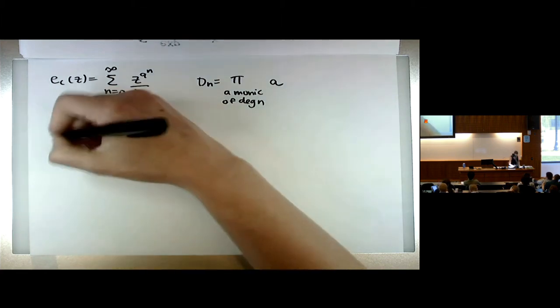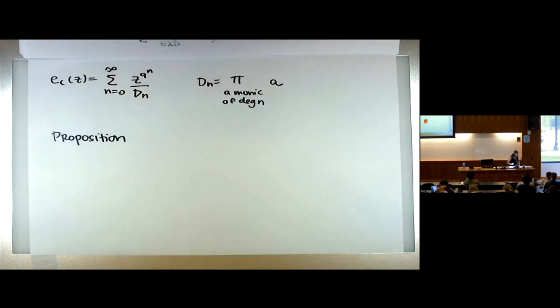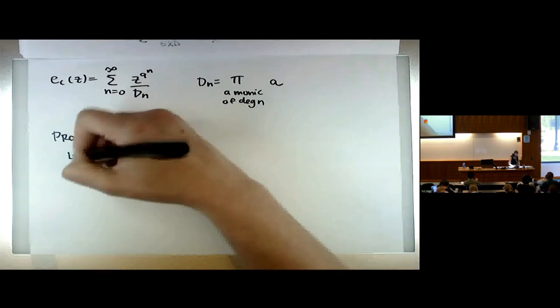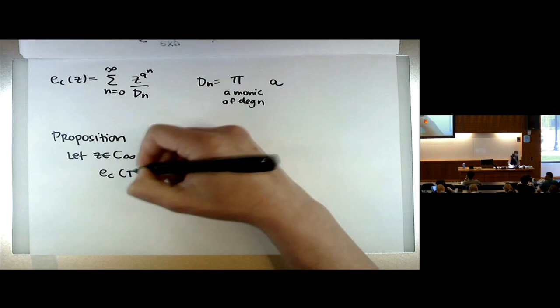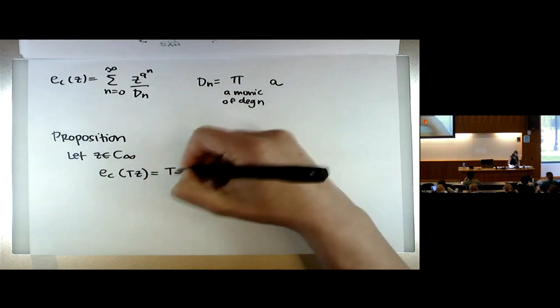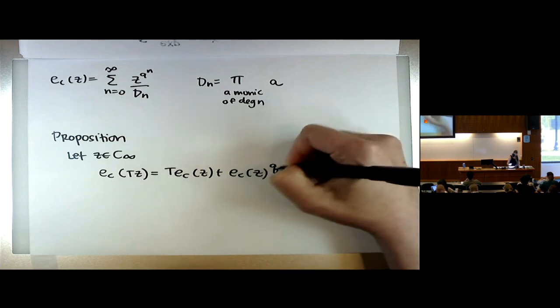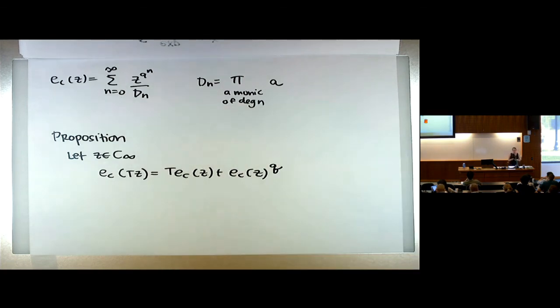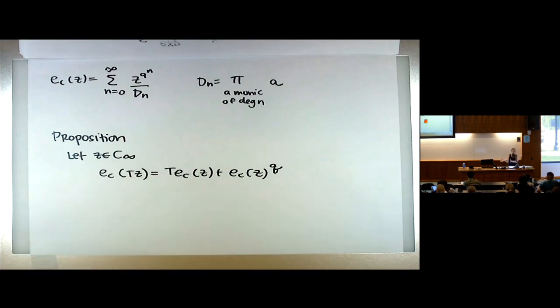And the big proposition that we'll prove next time, but that you can use to start playing with this, is that if z is in C infinity, then E_C(Tz) is T E_C(z) plus E_C(z) to the q. For the exponential function, it was easy for me to tell you the new action: when I multiply by n inside, I exponentiate outside. Here, I'm going to have to take it step by step.